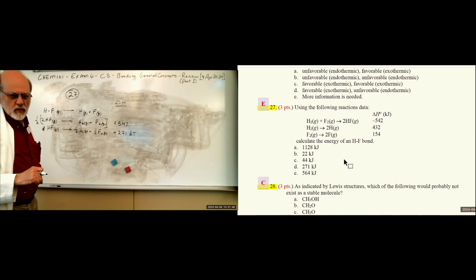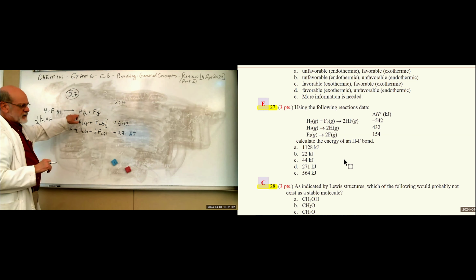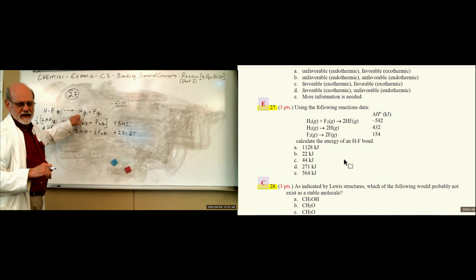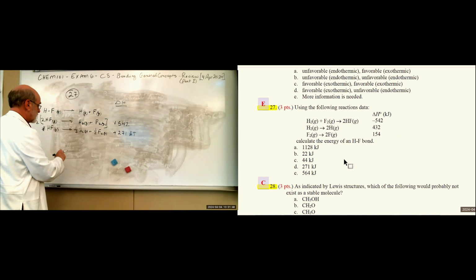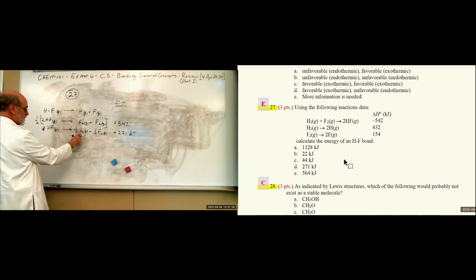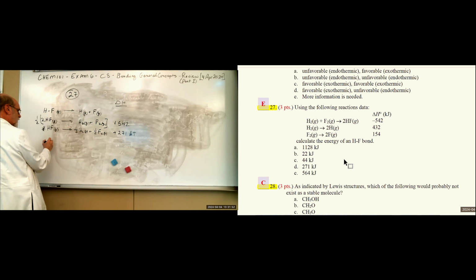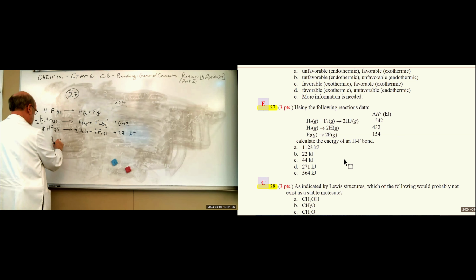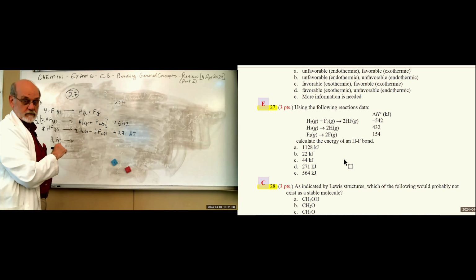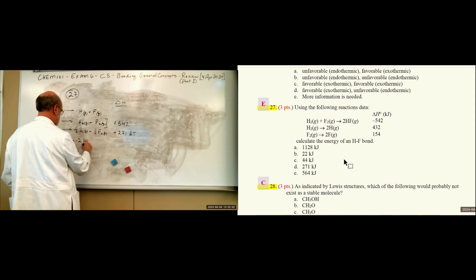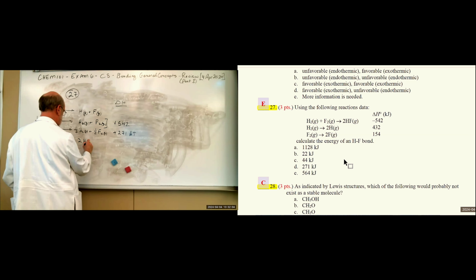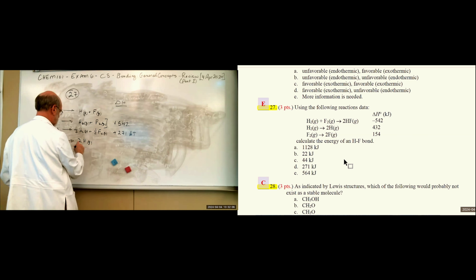Okay, so the next one we have, we need H on the right hand side and H2 on the left hand side, and that'll do fine because H2 is on this side, we want H2 on this side. So H2 gas for that one yields 2H gas.